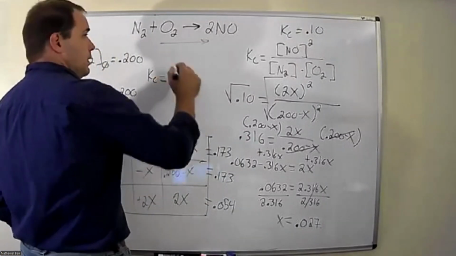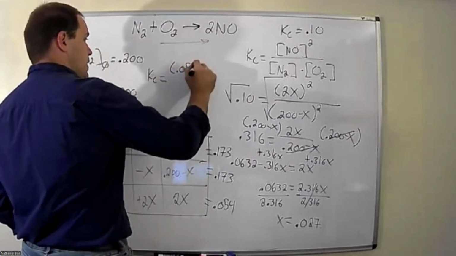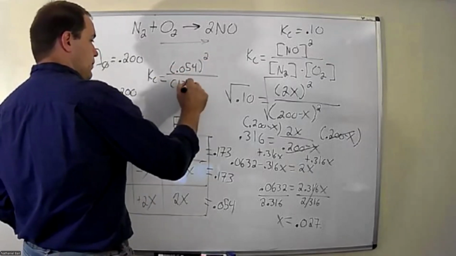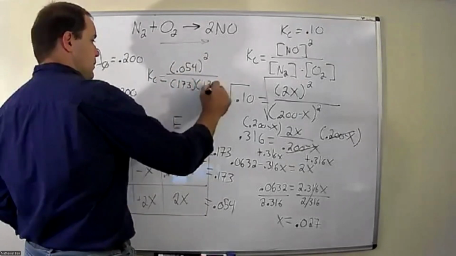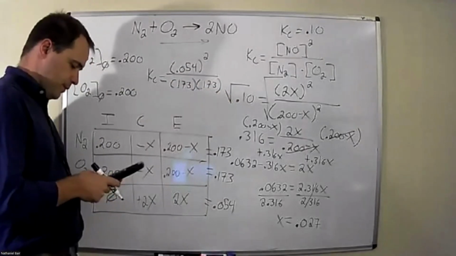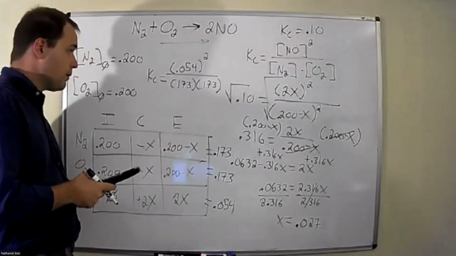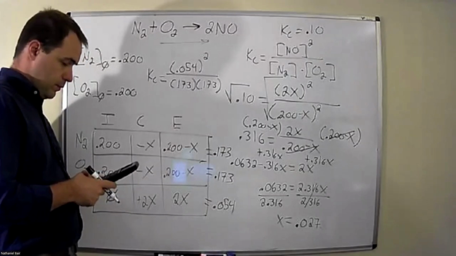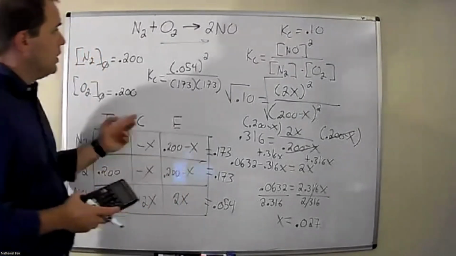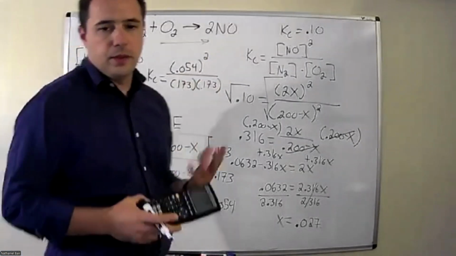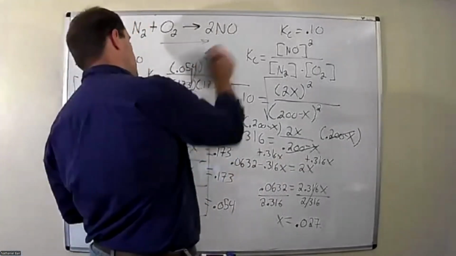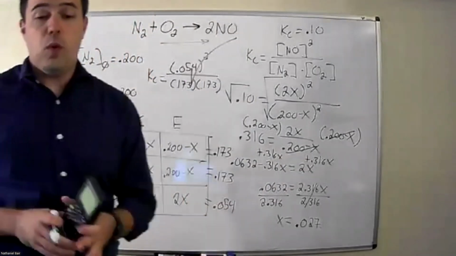Kc equals 0.054 squared over 0.173 times 0.173, or 0.173 squared. And we got 0.097, close enough to 0.1 because of rounding. So there we go. We did it. This checked out. That one is way easier.